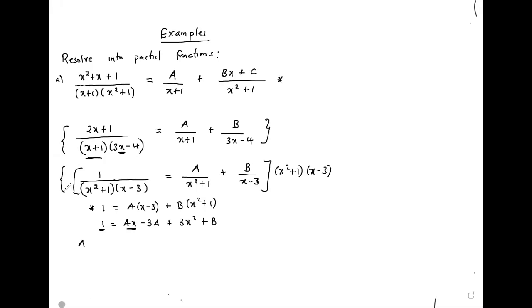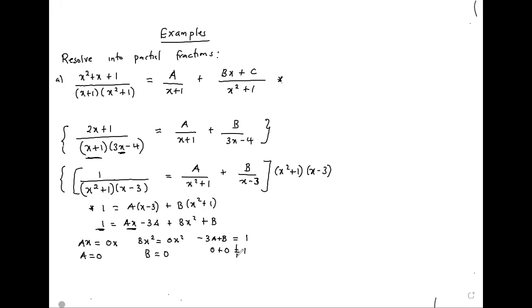So you say ax is equal to 0x since there's no x on the left, meaning that a is equal to 0. Bx squared is equal to 0x squared, meaning that b is equal to 0. Or negative 3a plus b is equal to 1. But a is 0, b is 0, and this is not 1. So already it's not making sense.